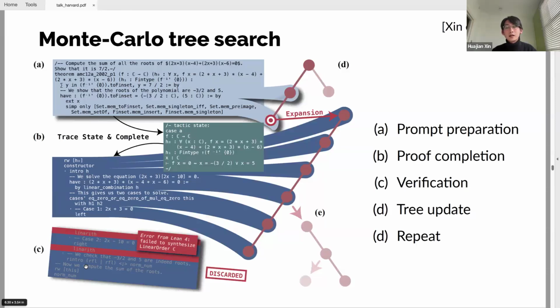If errors appear, we truncate the new code at the first error, discard the rest, and use the successfully generated new tactics to expand this search tree. And in step D, we repeat this process until a proof is found or time runs out.